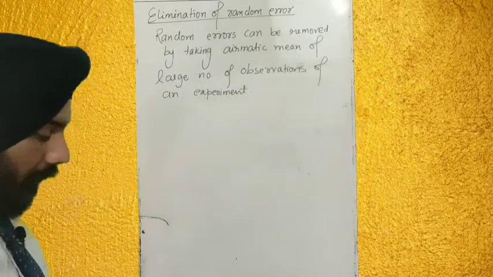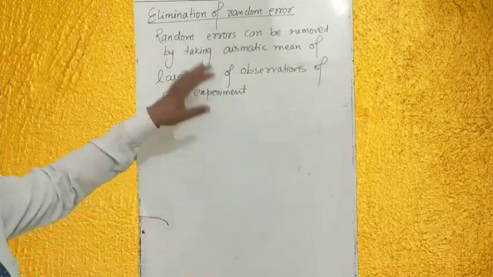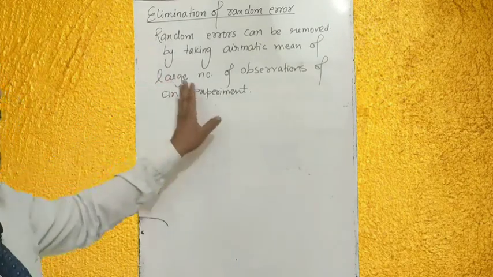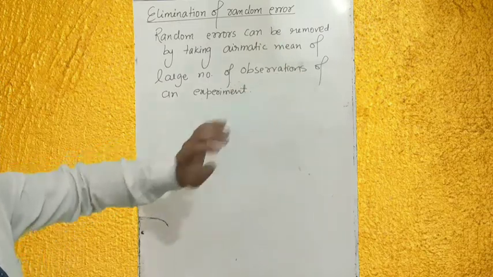Okay, this is the way of removing the random error. We have to take a large number of readings and we have to take the arithmetic mean of those readings.